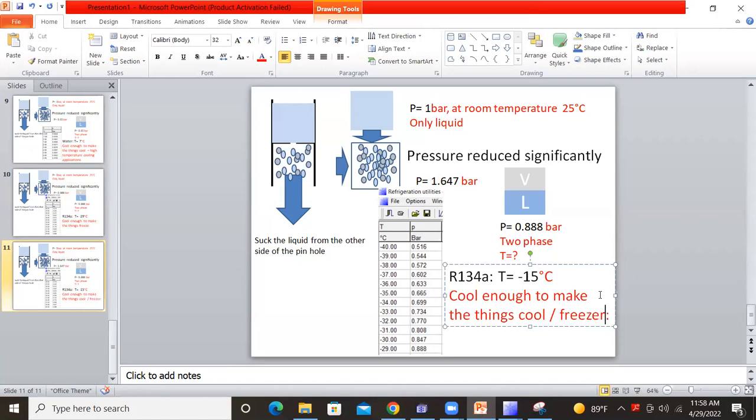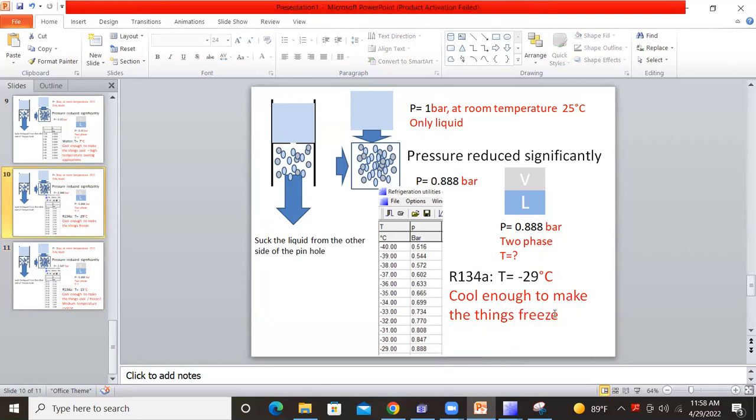But here, not deep freeze. Deep freeze means normally below minus 18. That's why I put this. But cool and freeze. So this is something like medium temperature cooling. So minus 15 is medium temperature.